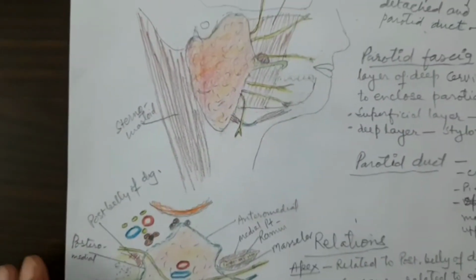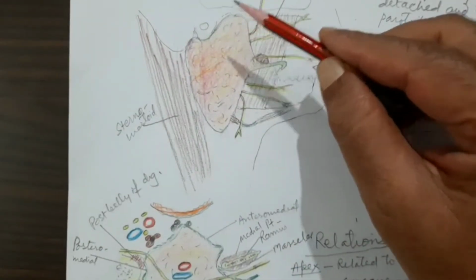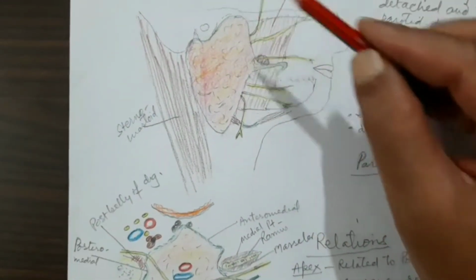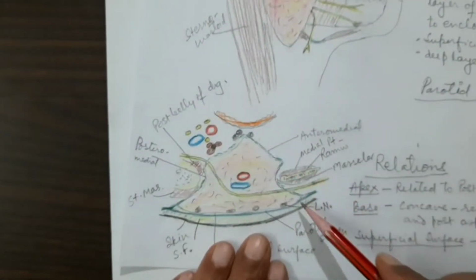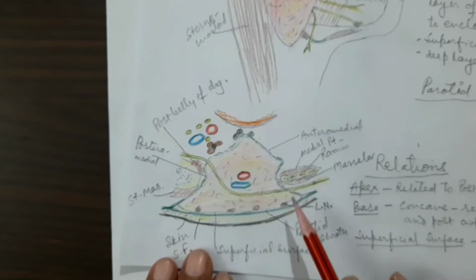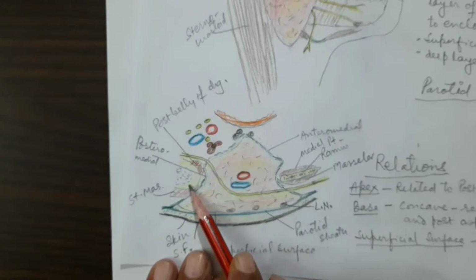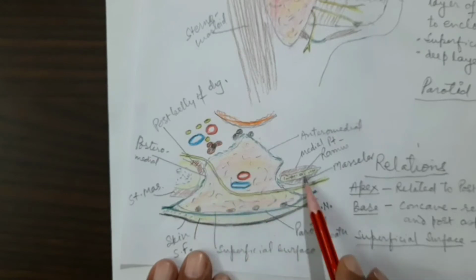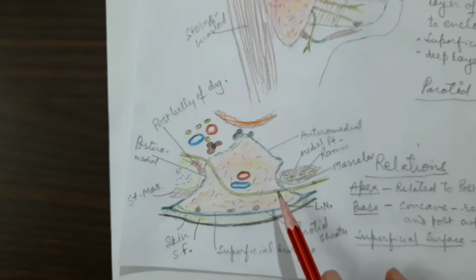So the anteromedial surface lies on the lateral aspect of the TM joint. This section which is showing the anteromedial surface is from a lower level than the TM joint. It is at the level of the ramus and the tip of the mastoid process. Hence, it is not showing that relation, the lateral aspect of the TM joint.